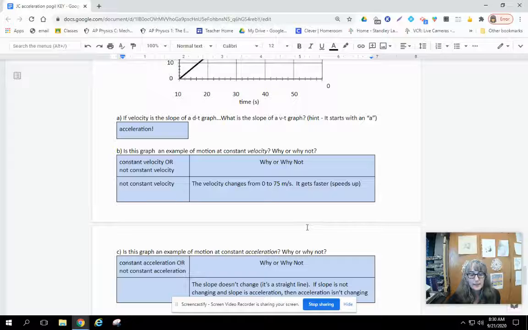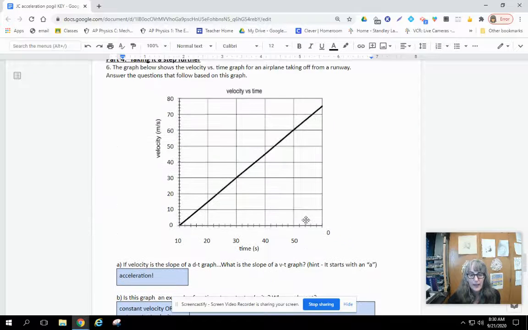But is it constant acceleration? Yes. The slope of this line is acceleration, and it's not changing. I have the same slope here as I have here, which means that my acceleration rate is staying exactly the same all the time. So my rate of speeding up is the same.